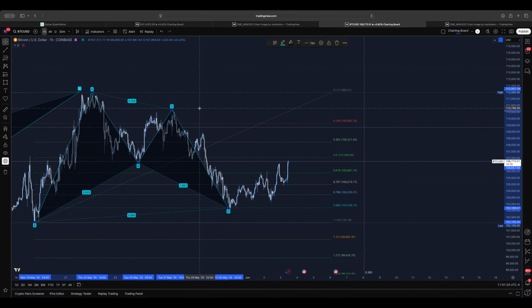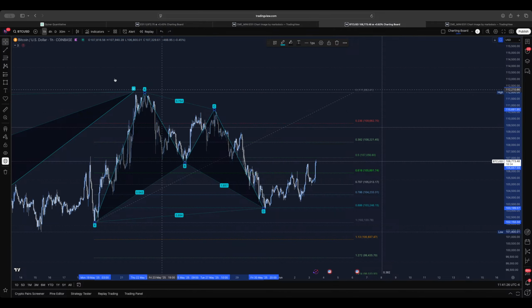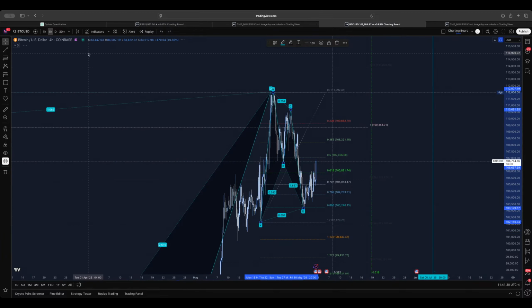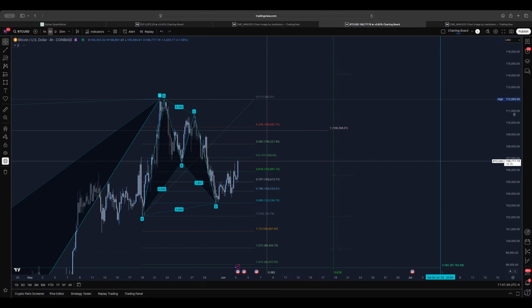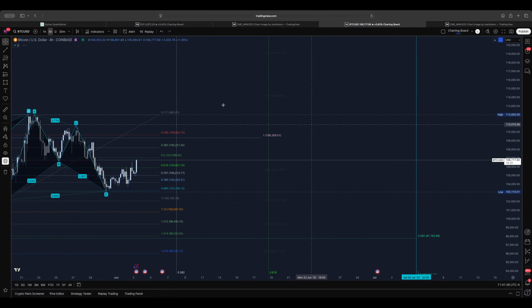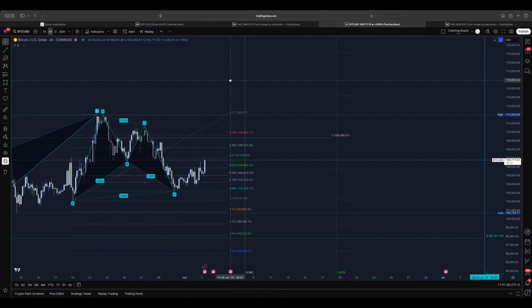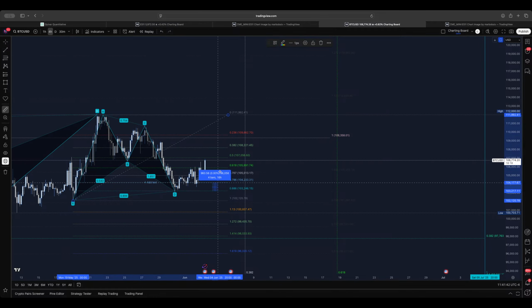First reactive move known as the type 1. Potentially, if we zoom into the 4-hour time frame, this also could be perceived there, a 4-hour symmetrical formation. Reactive move on the 4-hour, 0.886, bouncing from 103 to current levels, nearly a 3% move. That can also be interpreted as a short-term trend.